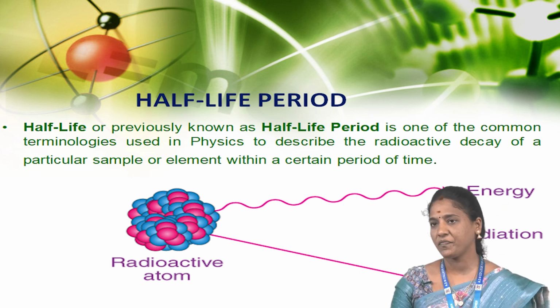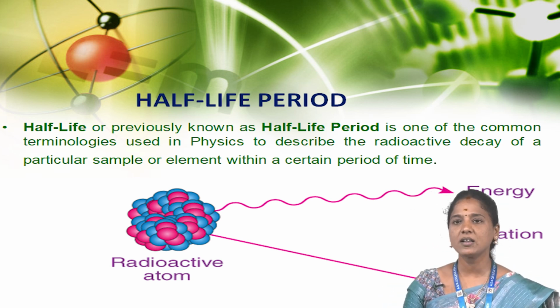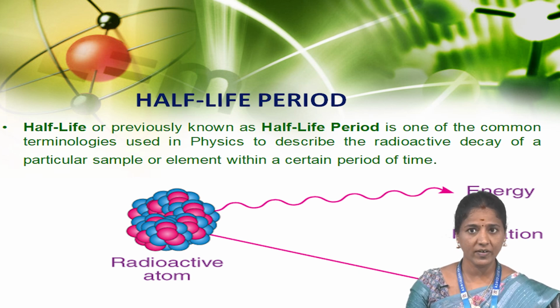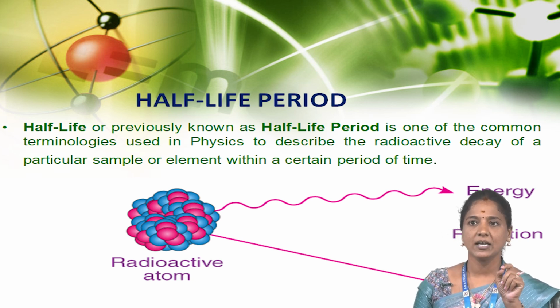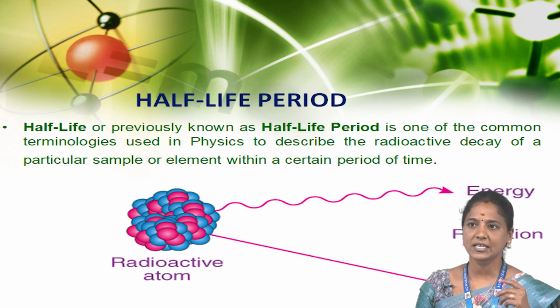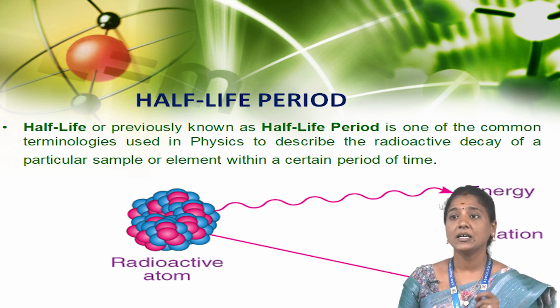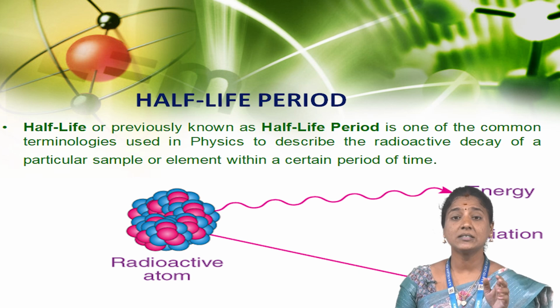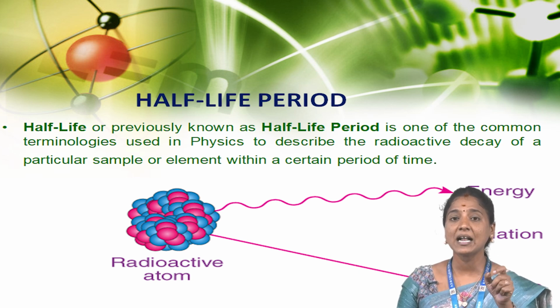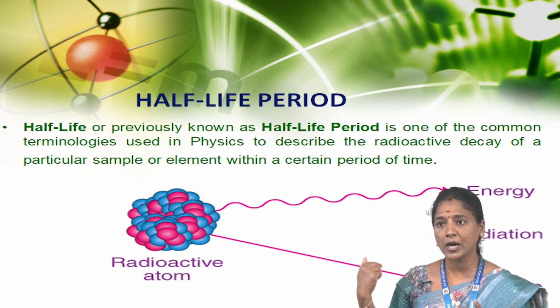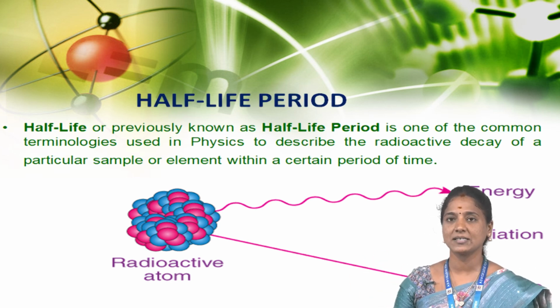Students of nuclear physics will come across the term often while studying the subject. However, this concept is also widely used to describe various types of decay processes, especially exponential decay. And apart from physics, the term is used in medical science to represent the biological half-life of certain chemicals in the human body or in drugs.